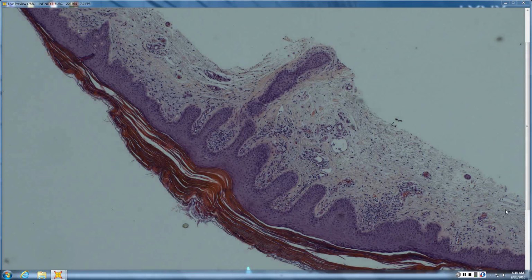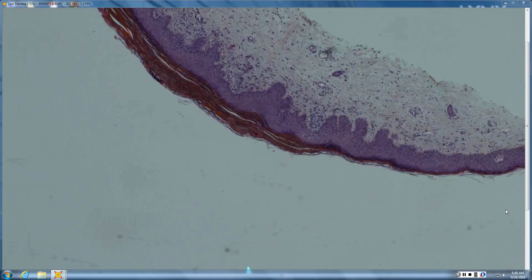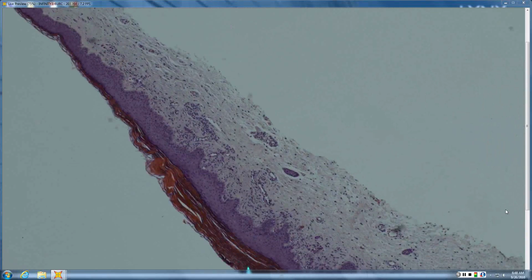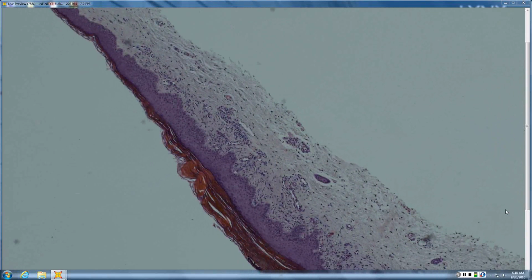Okay. So this next one is guttate psoriasis. And this one, a lot of times with guttate psoriasis, we actually see almost even smaller little plaques or smaller little collections of parakeratosis with neutrophils on top.